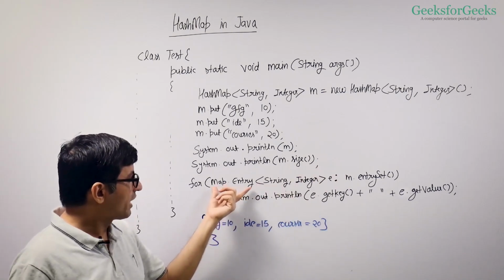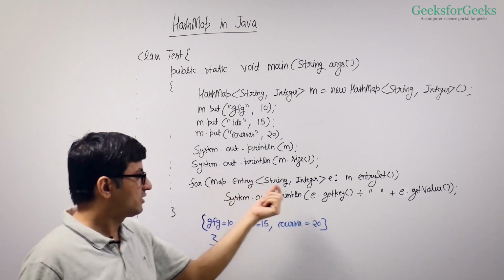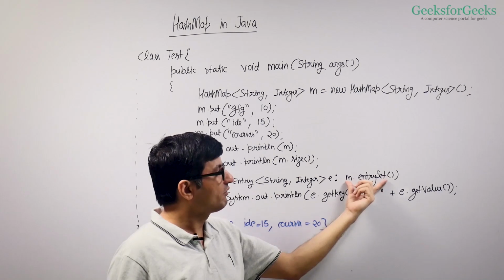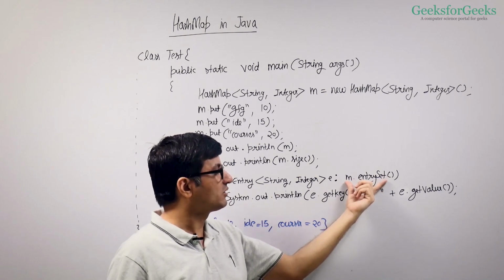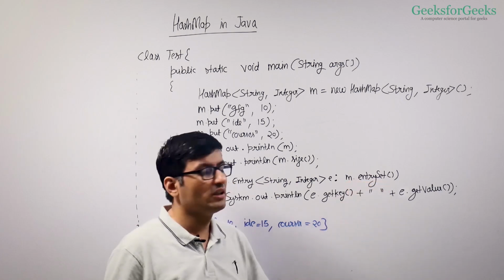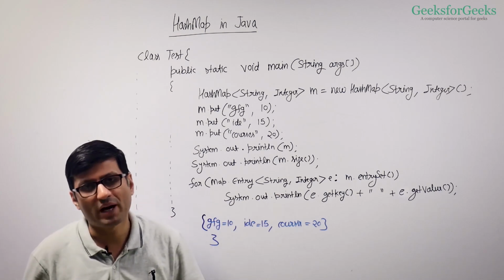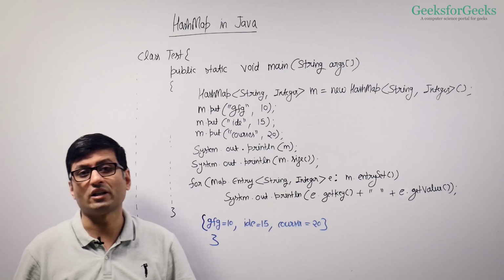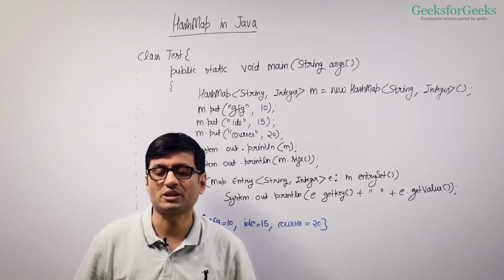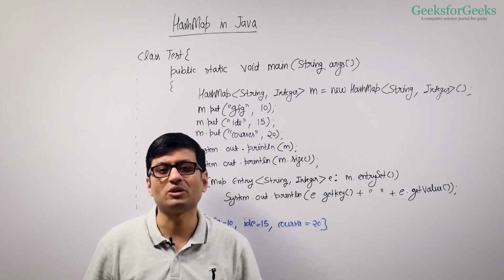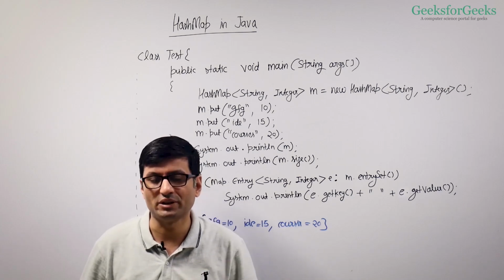So we use map.entry, which is type of an entry in the HashMap, and we get all the key value pairs using m.entrySet. Please remember, HashMap implements map interface, right? There are other collections also that implement map interface, like TreeMap is the one, but HashMap is the one that uses hashing and implements the map interface.